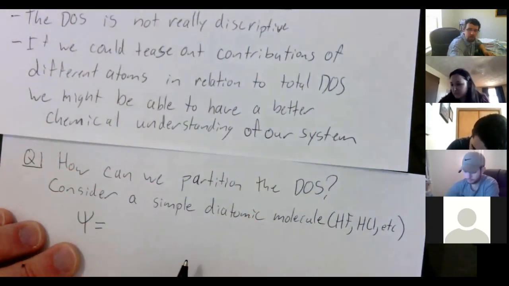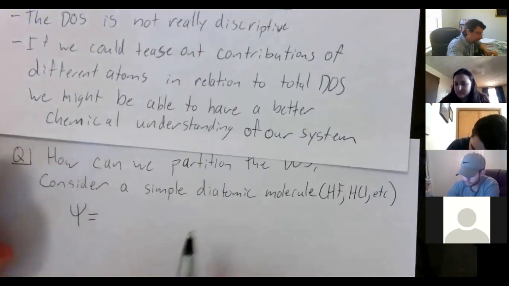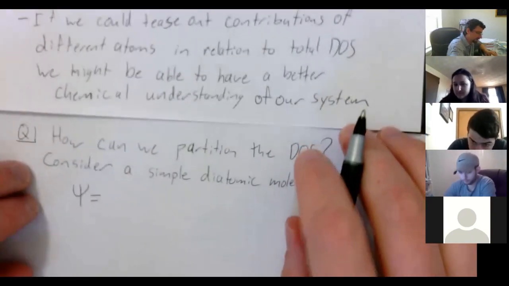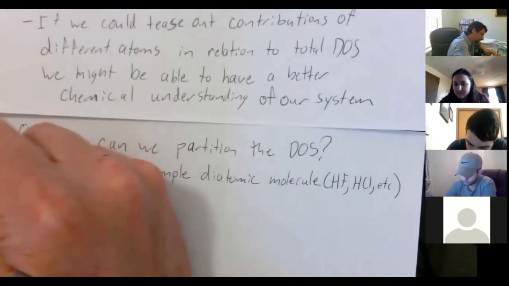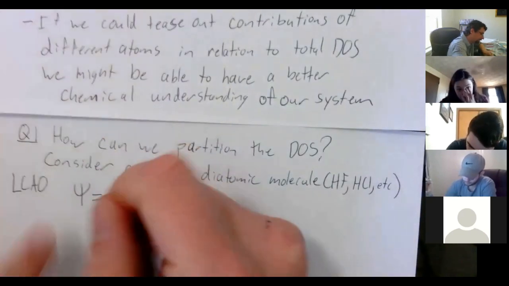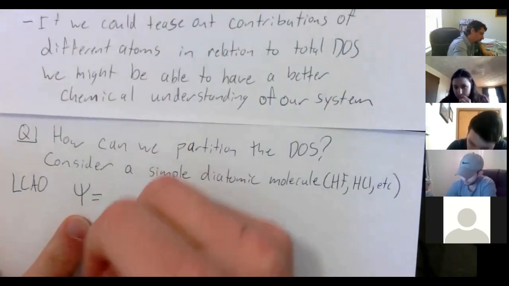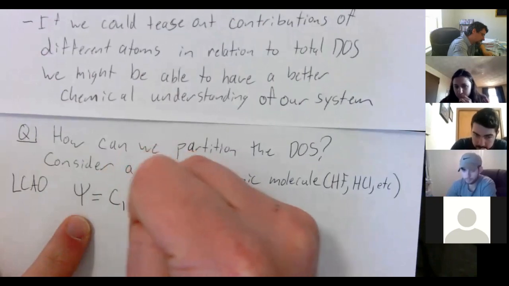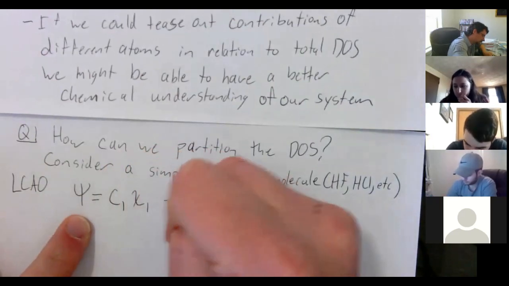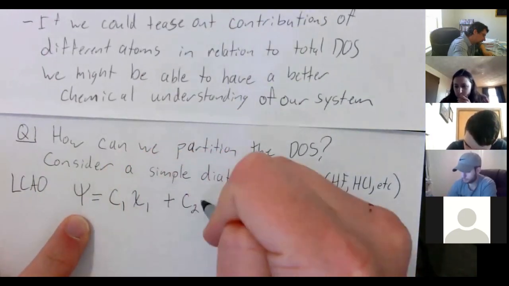So remember from the linear combination of atomic orbitals, the LCAO, we have a wave function and this junk.